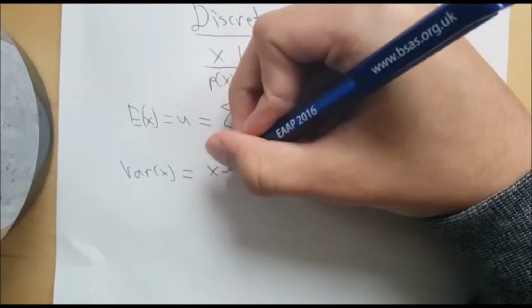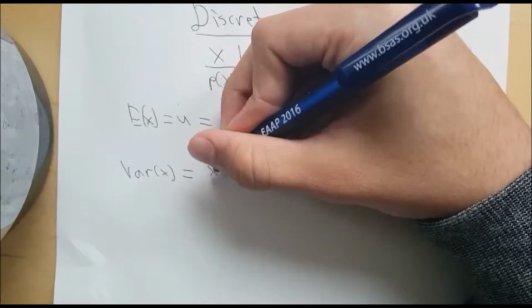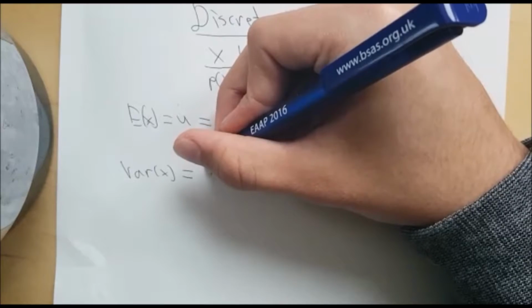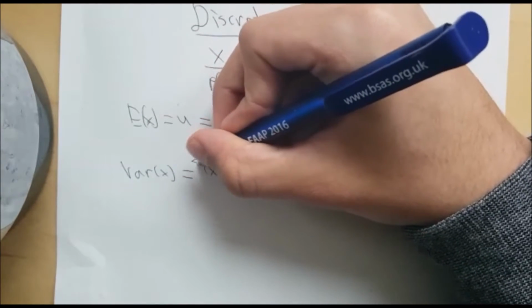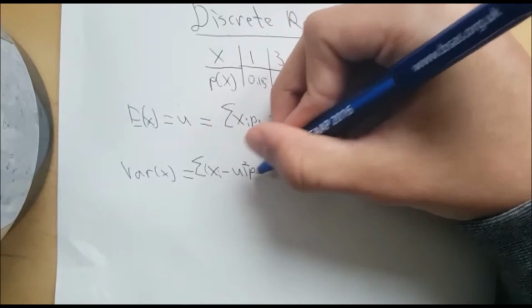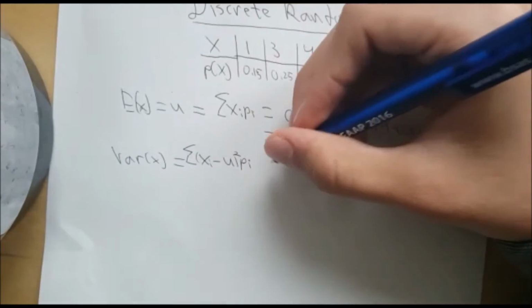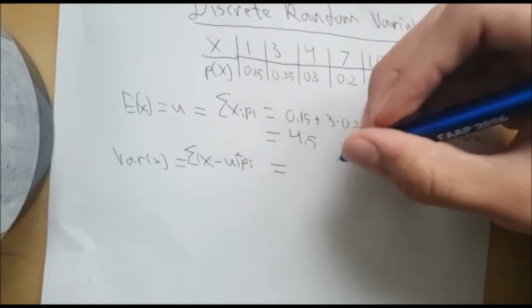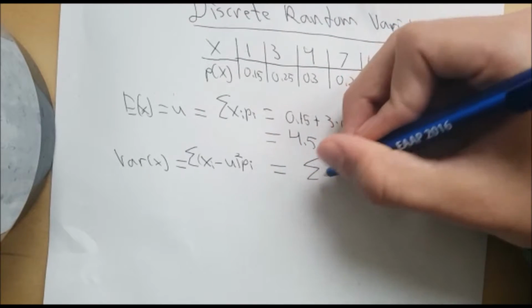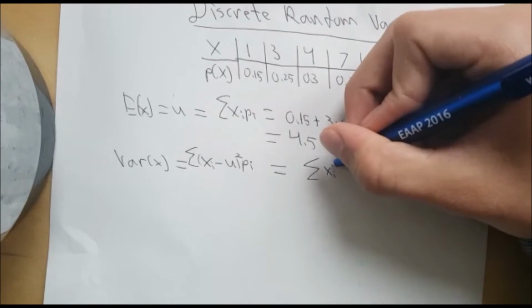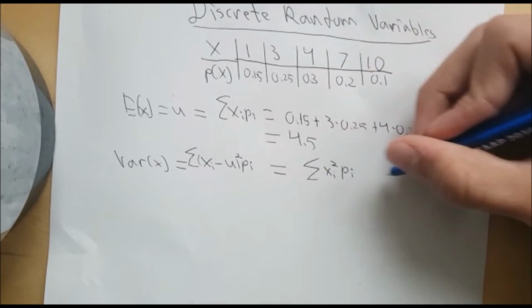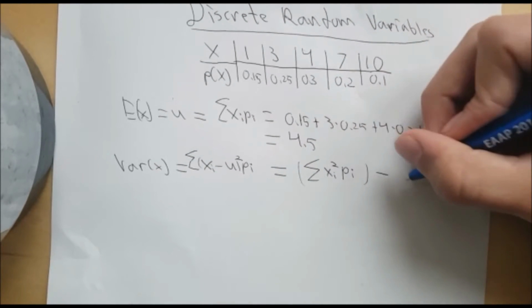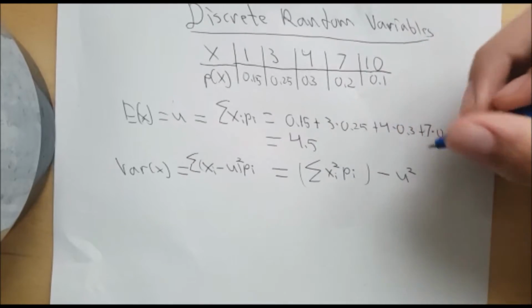Here you take the difference between each x value and the mean, square it, do it for each of them, and multiply by the probability each time. And the next one is easier to use. You take each x value squared times its probability, all of that, minus the expectation squared.